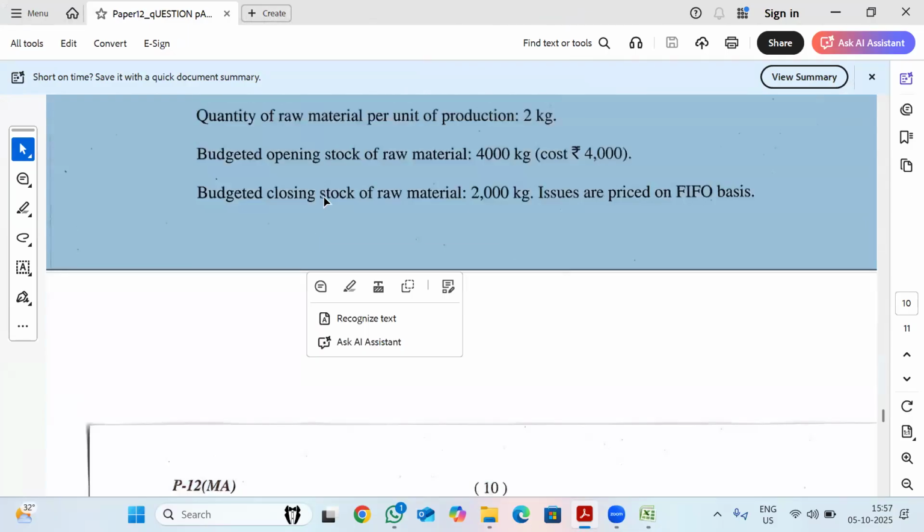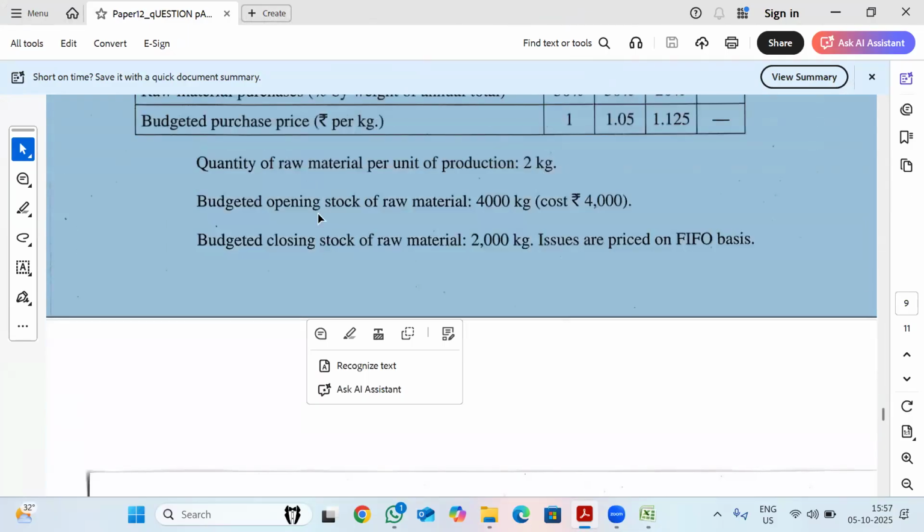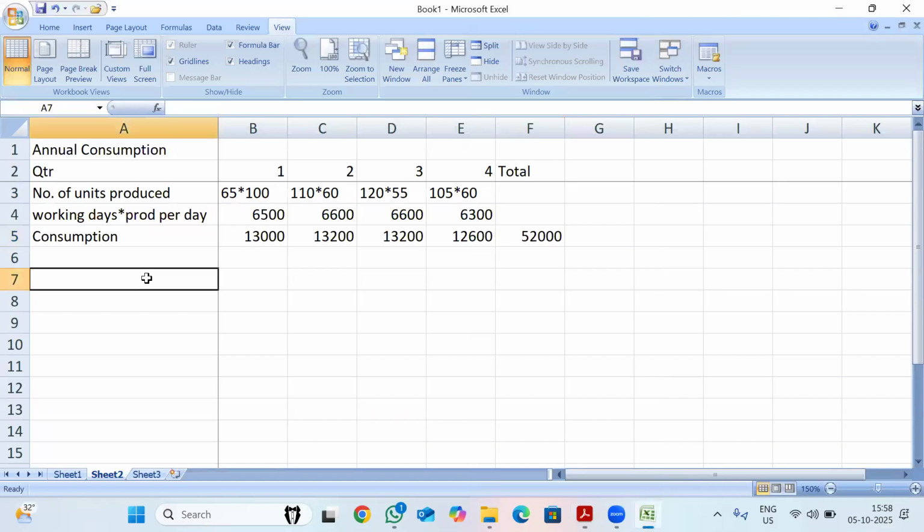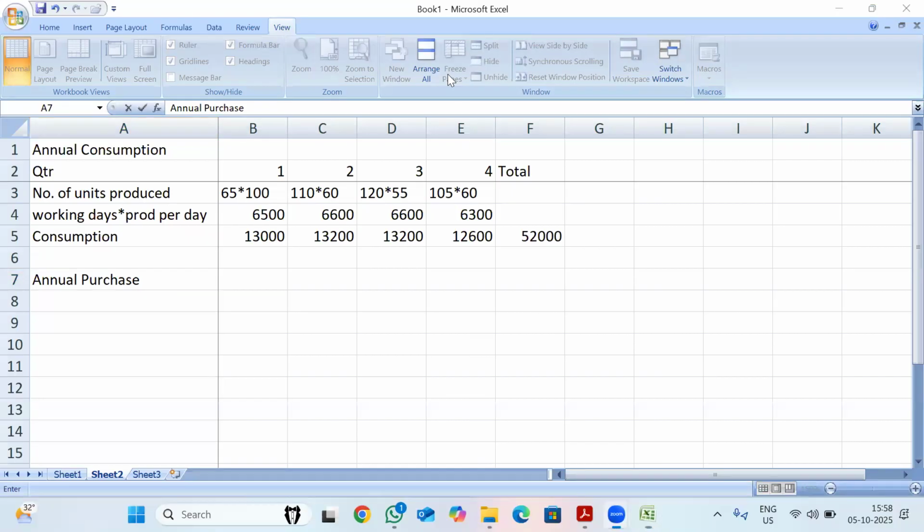So here what they told, quantity of budgeted opening stock, already I'm having 4,000 kgs and closing stock is 2,000 kgs. So now my annual purchase will be my consumption, that is 52,000 kgs.